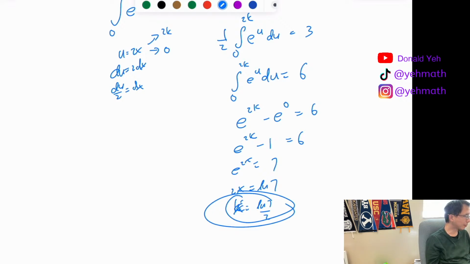This is a good test question, by the way. I multiply 2 on both sides to get rid of the 1/2 in the front.